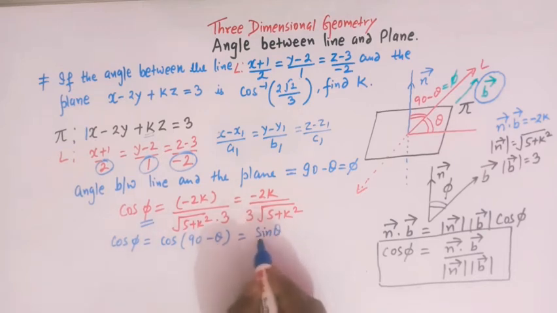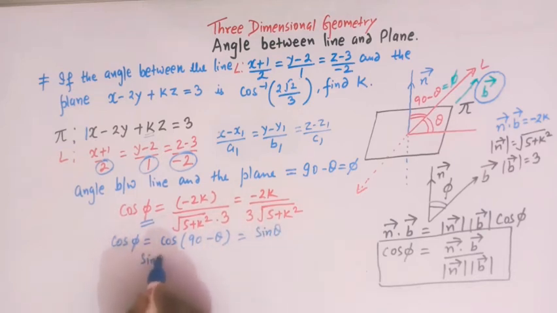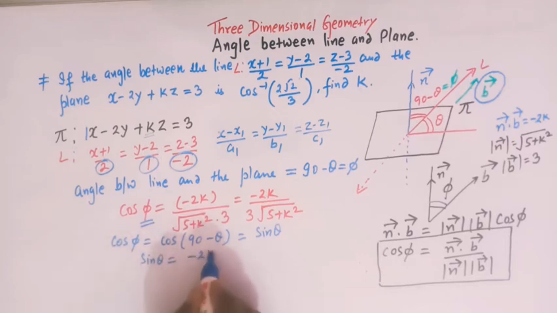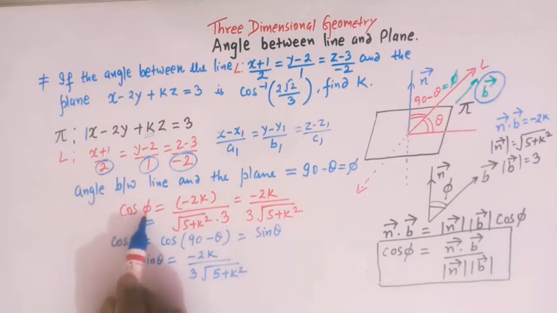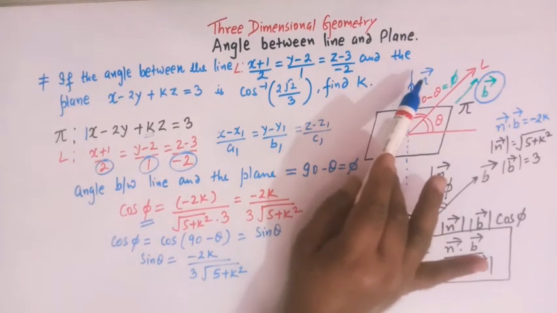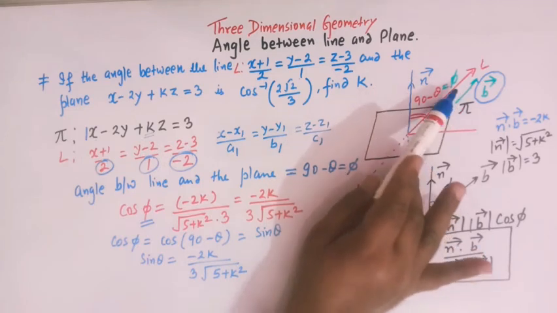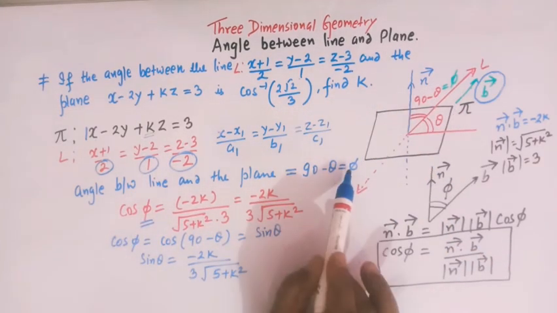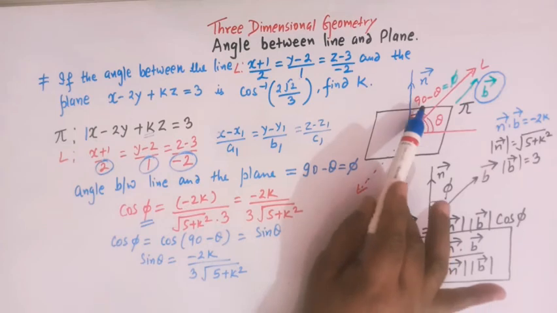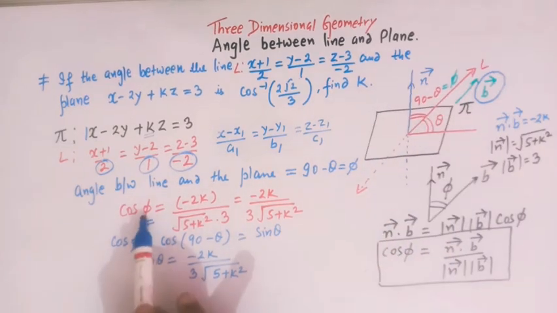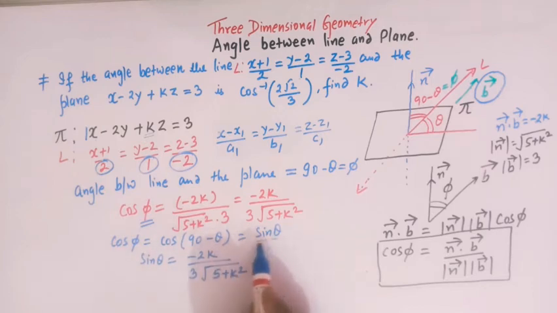So now sine theta is equal to minus 2k over 3 times square root of 5 plus k square. So what we have done here, we have the expression for cos phi, where phi is the angle between the normal and the line L, and phi is equal to 90 minus theta, and cos phi is equal to cos 90 minus theta, that is sine theta.